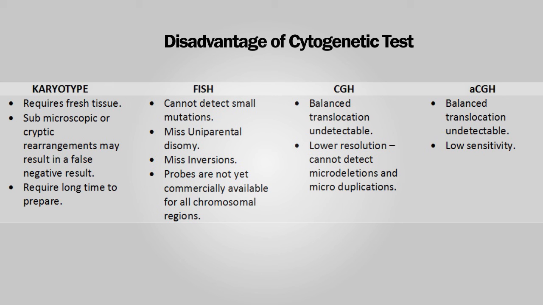Probes are not yet commercially available for all chromosomal regions. In CGH, balanced translocations are undetectable, and low resolution cannot detect microdeletions and microduplications. In aCGH, balanced translocations are undetected and sensitivity is low.